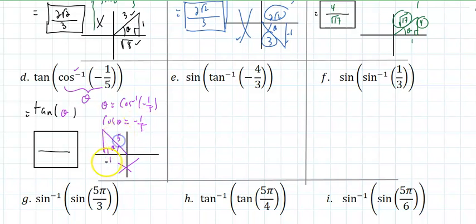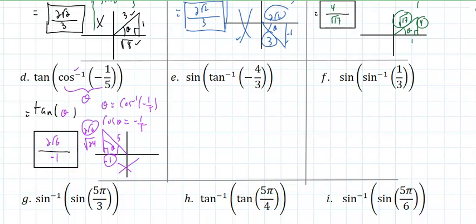Adjacent over hypotenuse, of course that's negative. This will be the square root of 25 minus 1, which is 24. And it's positive in this quadrant, so that's 2 radical 6. And tangent is the opposite over the adjacent. And there we are.